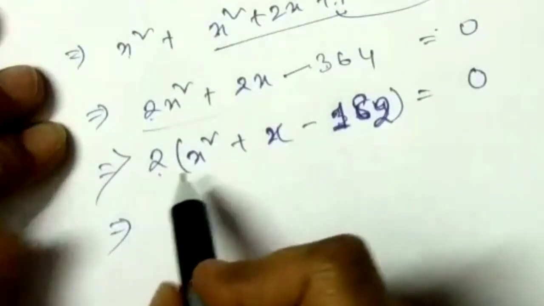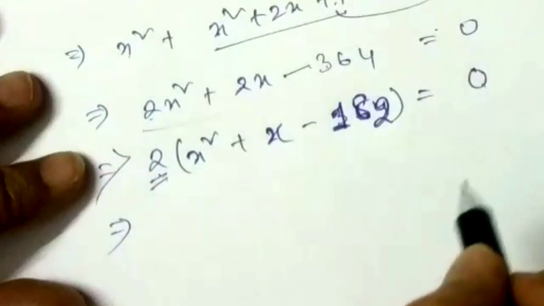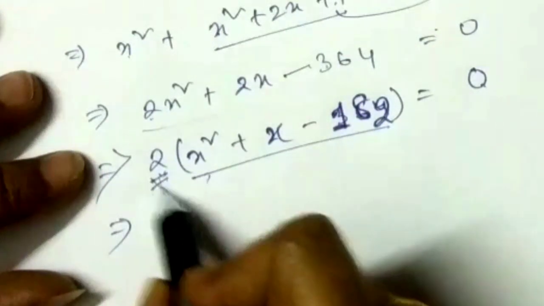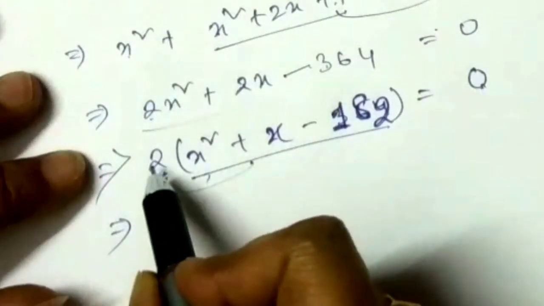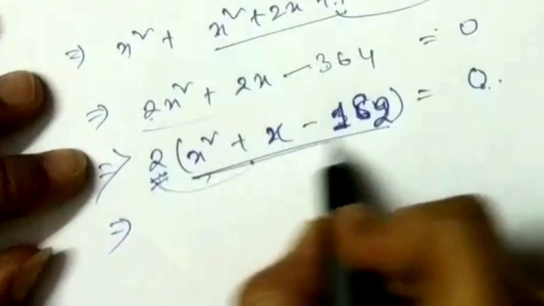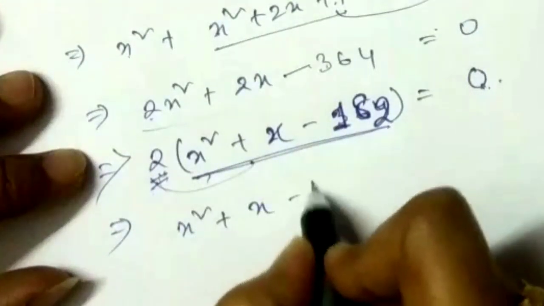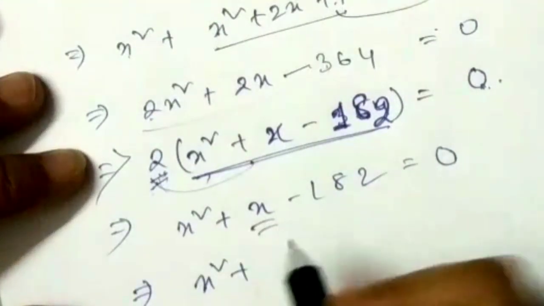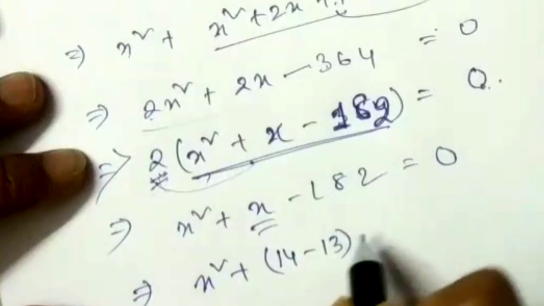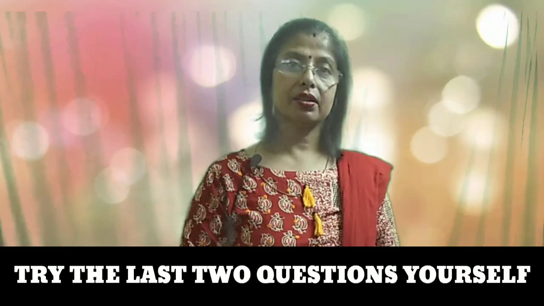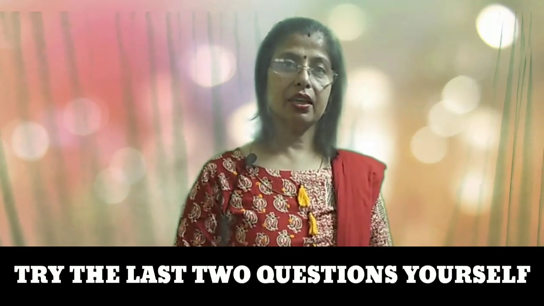After taking common, as 2 cannot be equal to 0, this whole part will be equal to 0. That means the product of these two factors is equal to 0, so either of the two will be equal to 0. But 2 can never be equal to 0. That means this whole part is equal to 0. Now this we will solve by splitting into 14x minus 13x minus 182, and then the rest you can solve by yourself. It's very simple. So we have completed exercise 4.2.